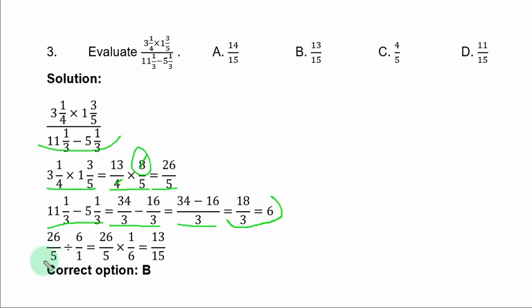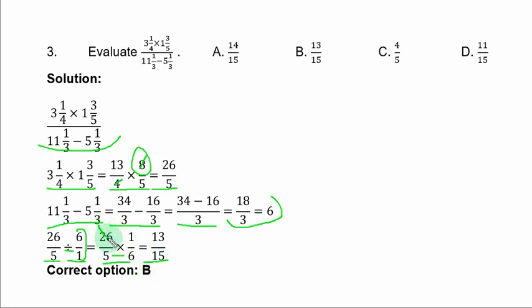Now we divide the numerator by the denominator in this form. In division of fractions, the division sign changes to multiplication, and you invert the fraction at the right side. So you have 26 over 5 times 1 over 6. When you reduce and multiply, you have 13 over 15.